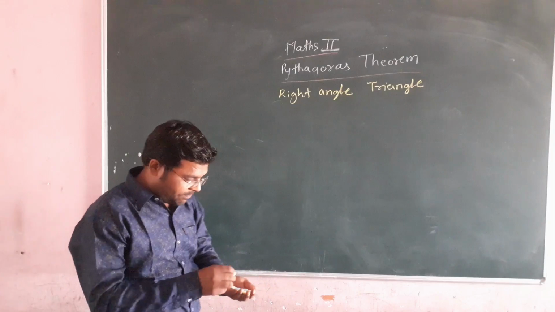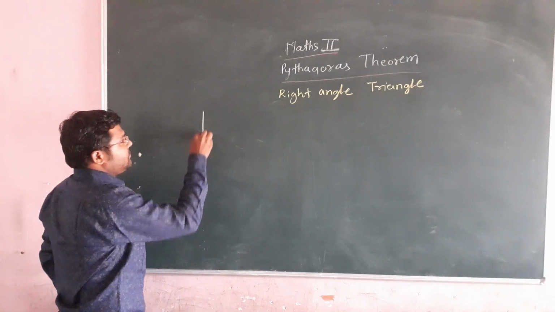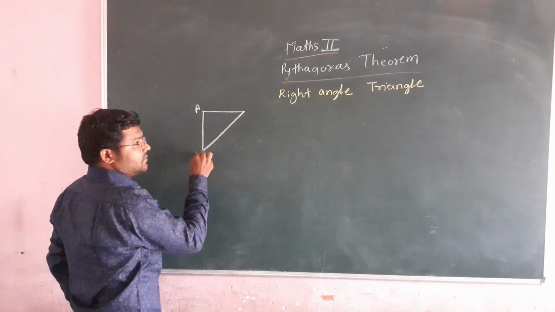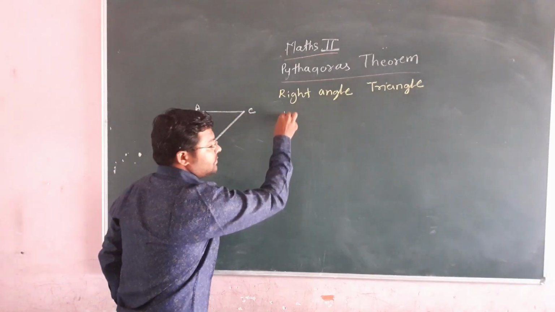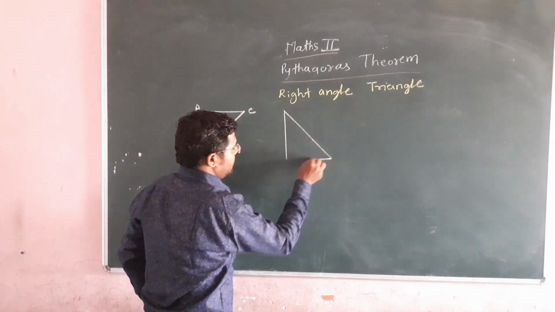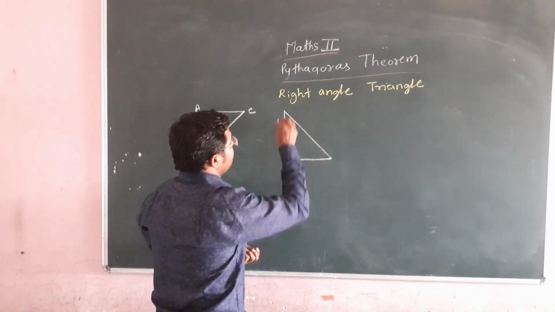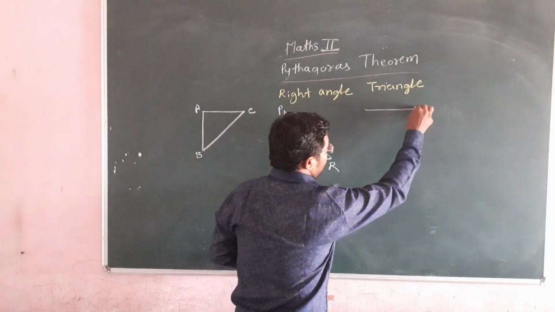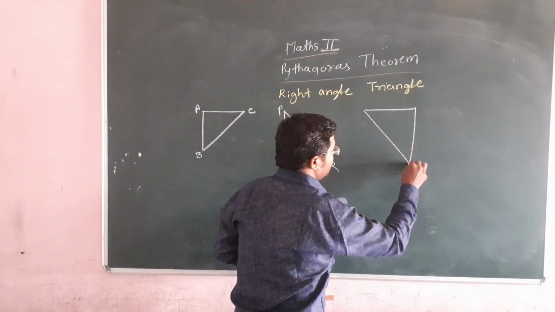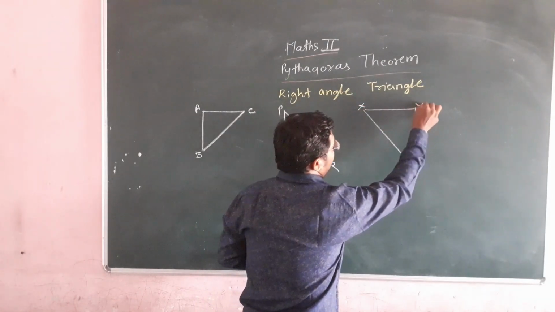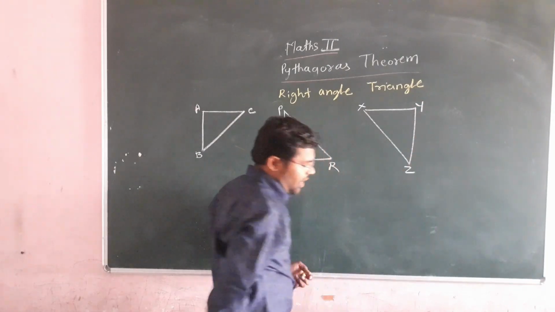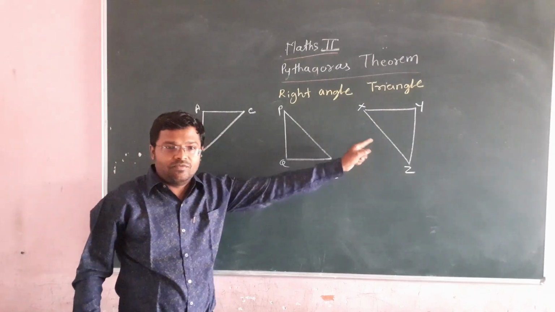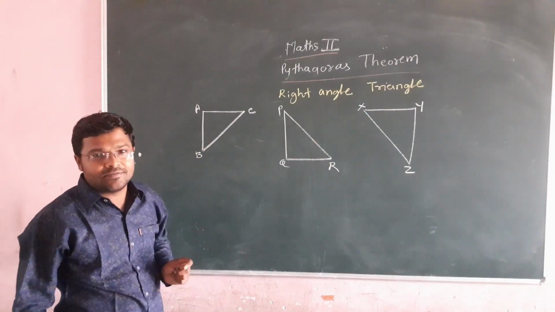Okay, I draw some figure here. Now, my question is, I draw here 3 triangles which are right angle.